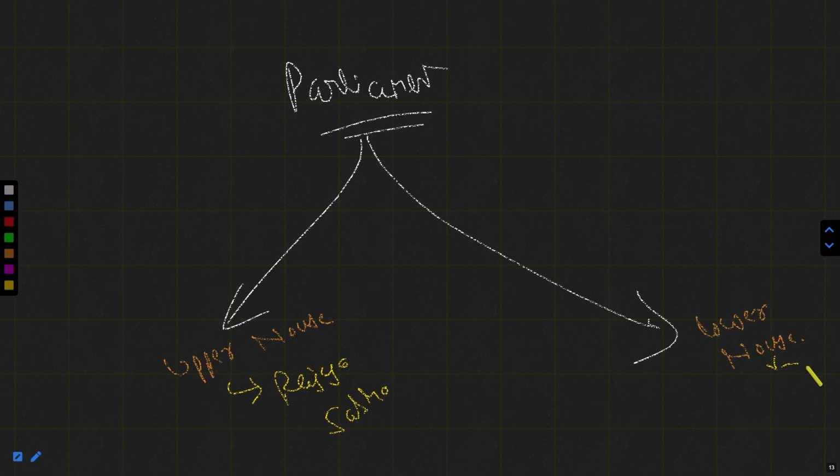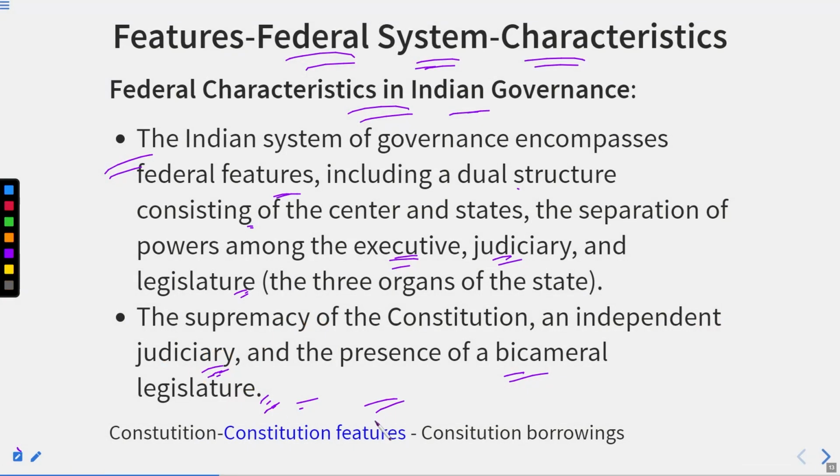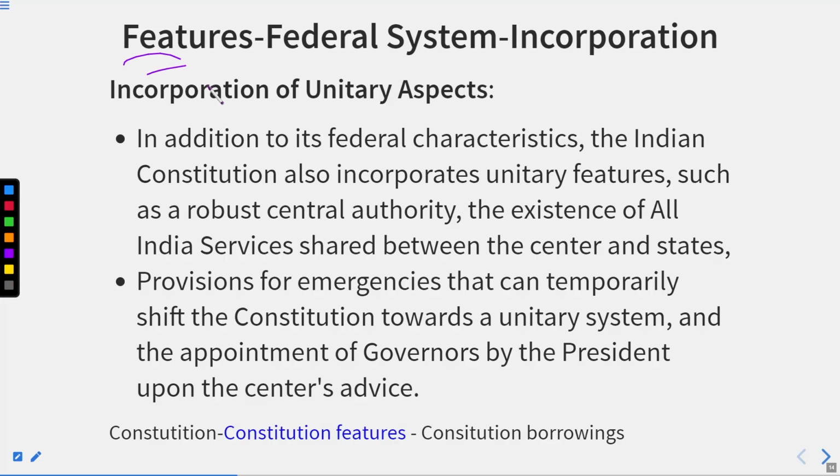Rajya Sabha. Which house is the lower house? Lok Sabha. Got it? So this is the bicameral legislature. Okay, clear about the federal characteristics? Now let's move forward. All right, thereafter we have the federal system and we have the topic of incorporation.